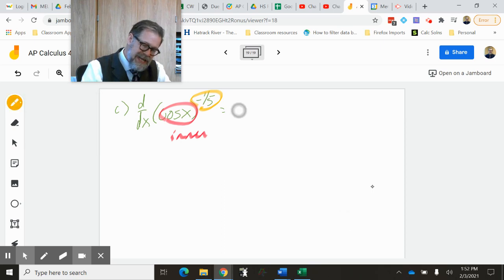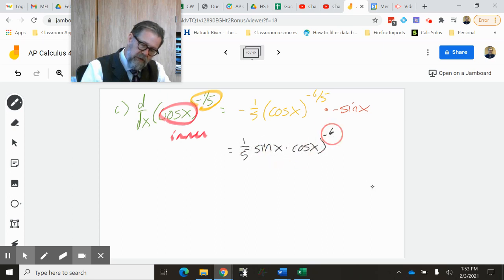So we've got negative 1/5 cosine x to the negative 6/5 times the derivative of the inner, and the derivative of cosine is negative sine. So we can rewrite this more simply as 1/5 sine of x cosine x to the negative 6/5.